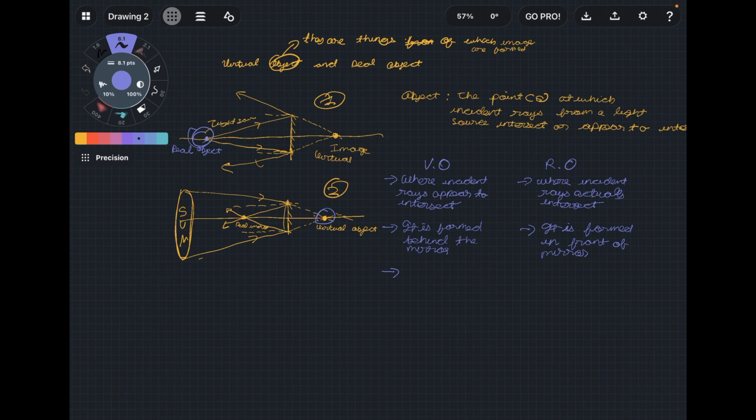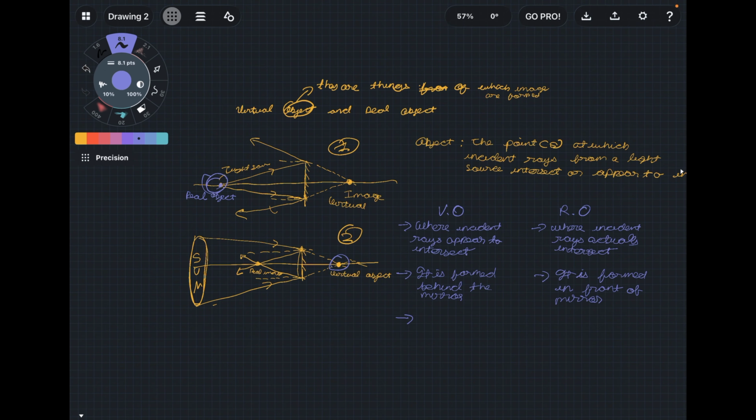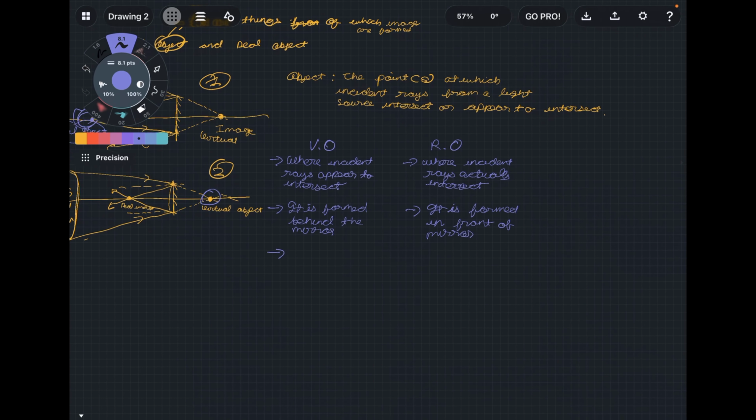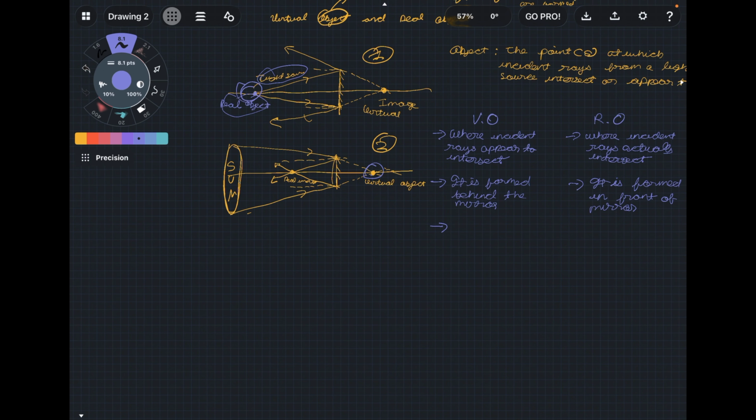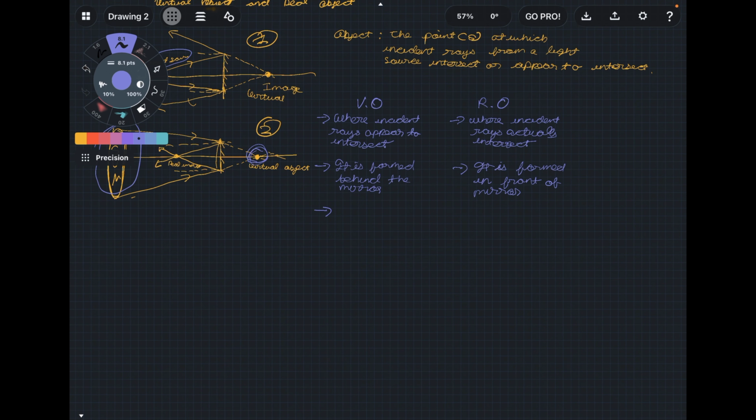So if you notice here, in the case of a real object, our light source and real object are the exact same thing. And in the case of a virtual object, our object and our light source are different things. So we can write here: light source and object are different things, different points.